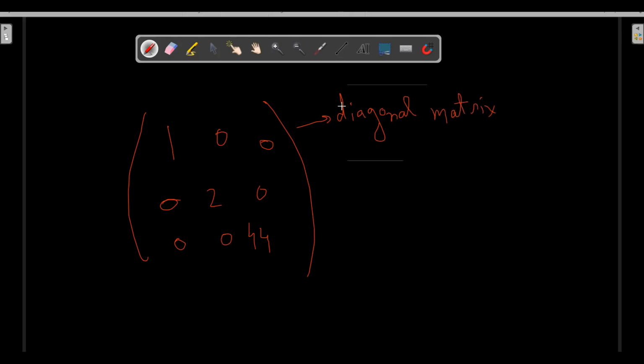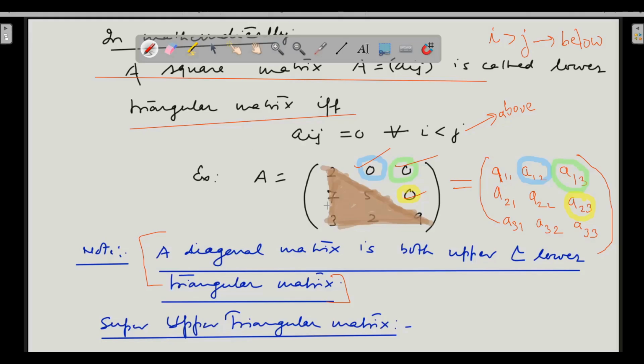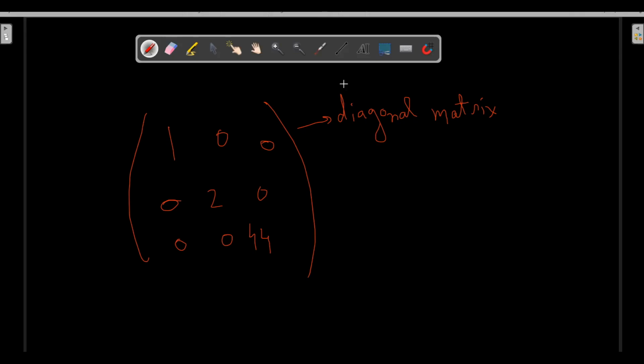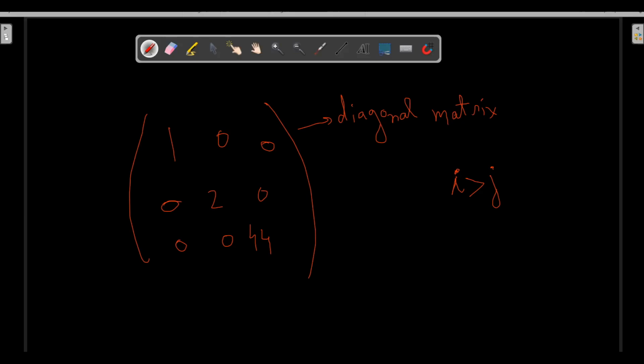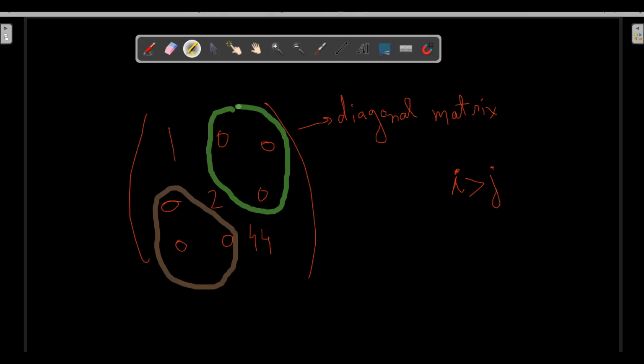Now it is saying that a diagonal matrix is both upper and lower triangular matrix. So let us apply the conditions. For i equal to j, for i greater than j, this particular area has i greater than j, and this particular area which I am marking with green color has i smaller than j.